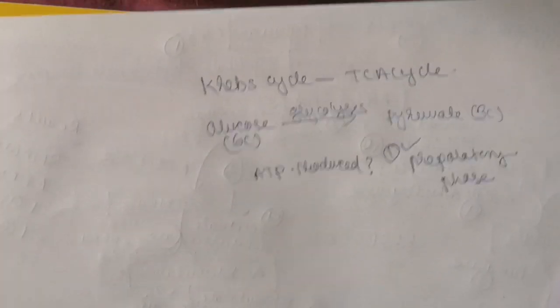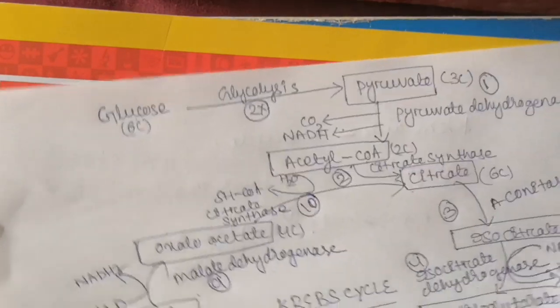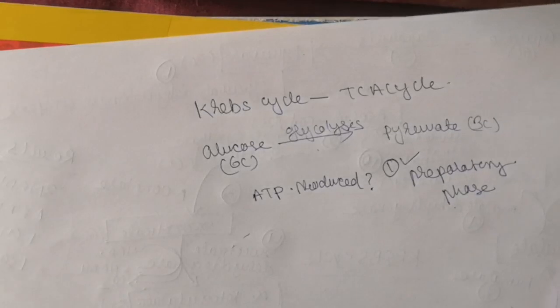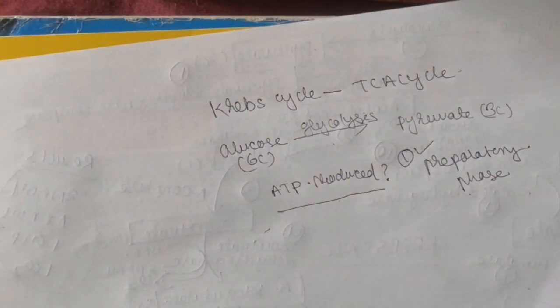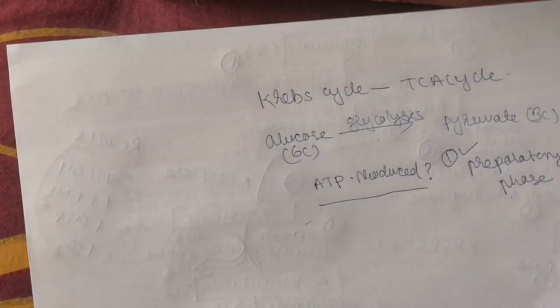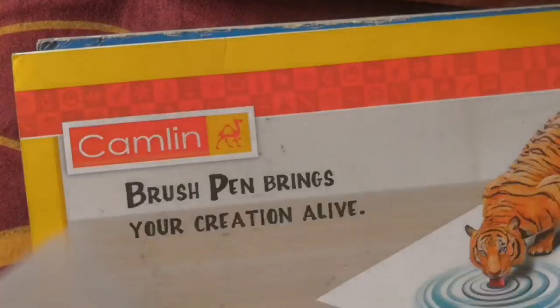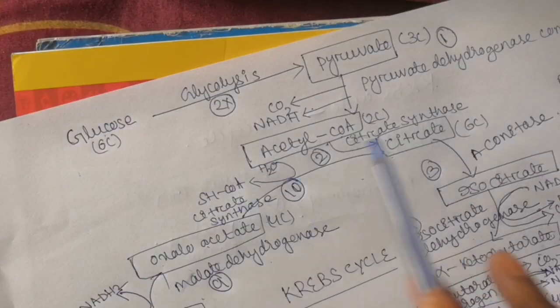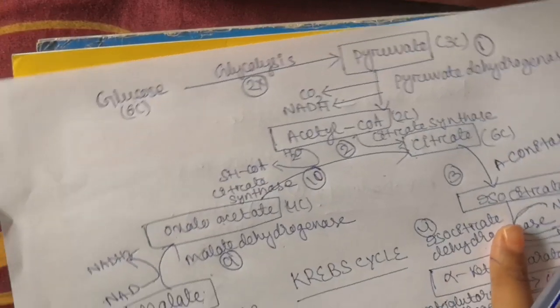But as one glucose molecule is metabolized, how many ATP are produced? Here the question is how many ATP are produced by the Krebs cycle. I will explain here. All the steps are converted from glucose to pyruvate to citrate, isocitrate, alpha ketoglutarate.